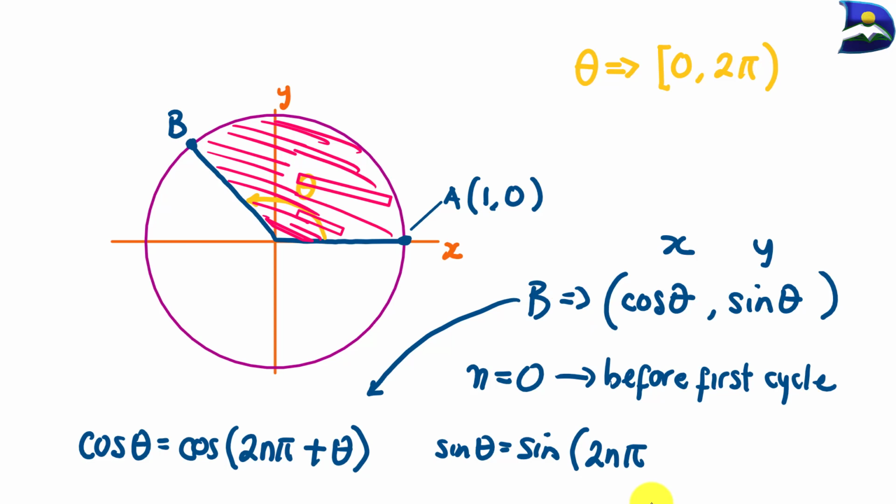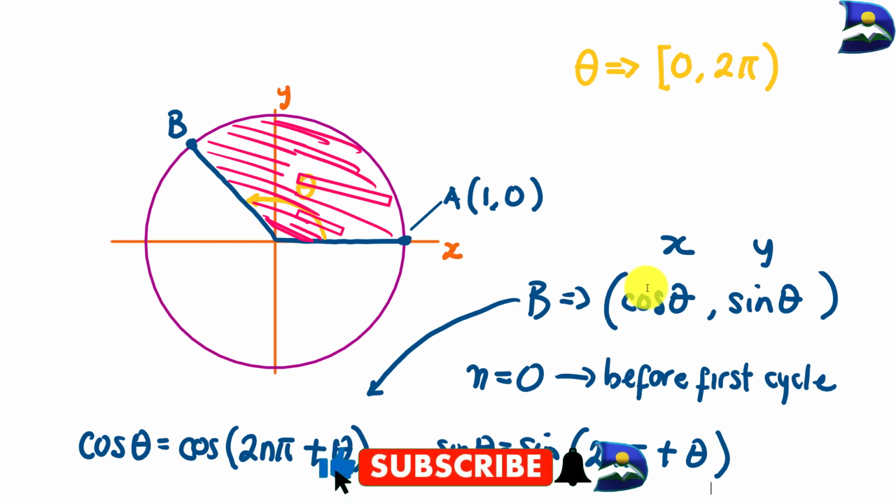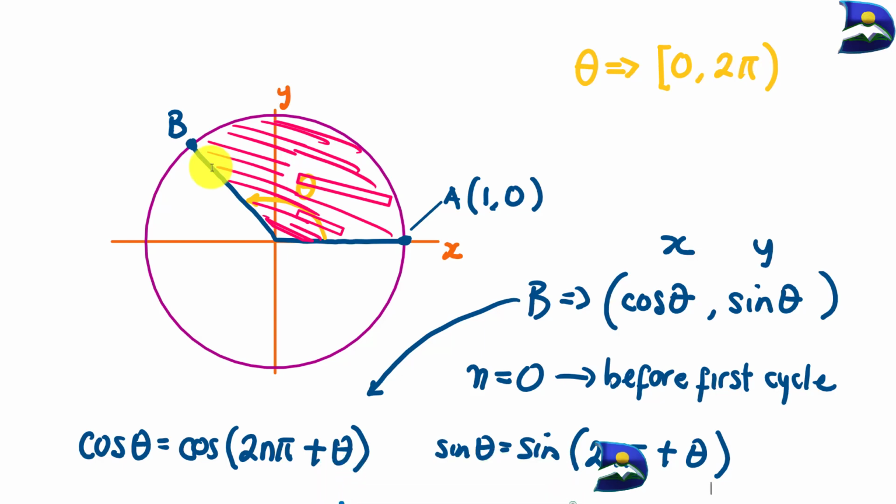And remember here that theta is going to be represented in radians, not in degrees. And so once you're able to accomplish this, we are able to determine the coordinate for B for any number of cycles that you are given in any question.